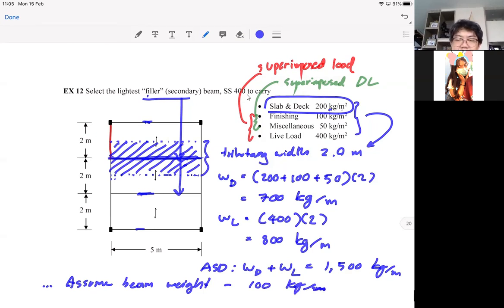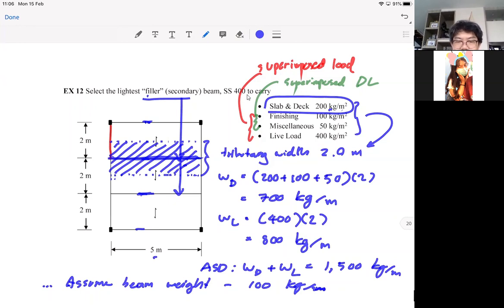In the previous example, an H 500 by 300 or 600 by 200 weighs like 120, 150. That's a huge section, and generally they are made for long span beams. We have only a 5 meter long beam, so I would say 100 would be enough.